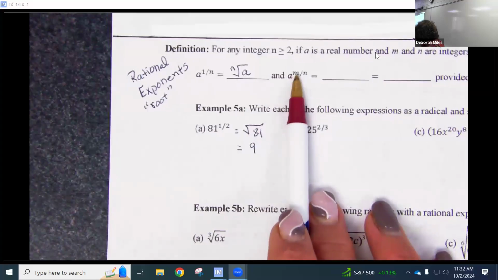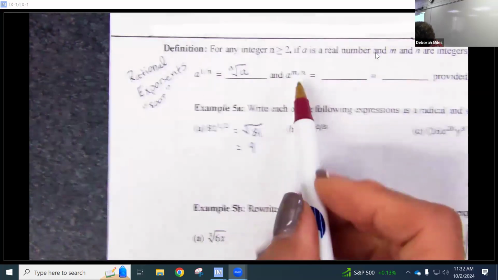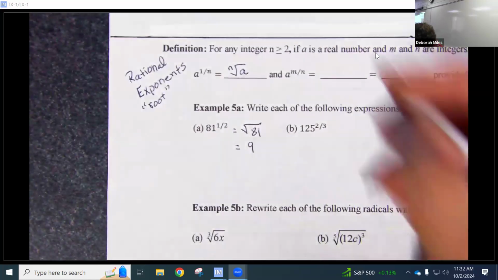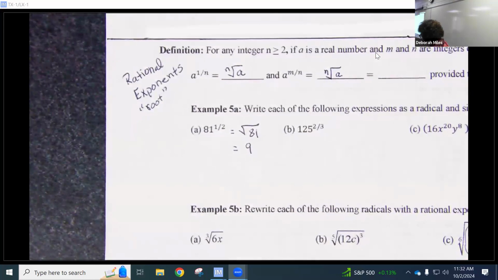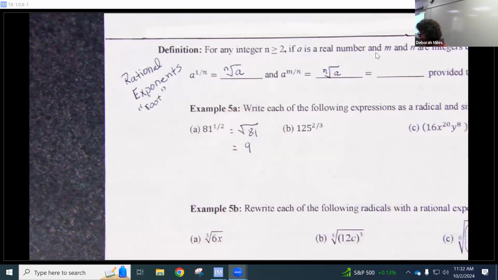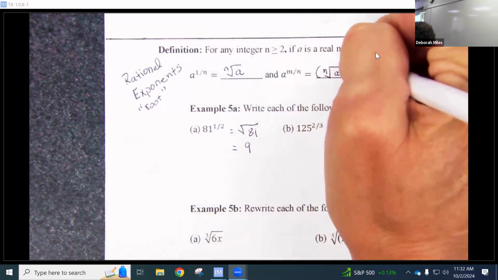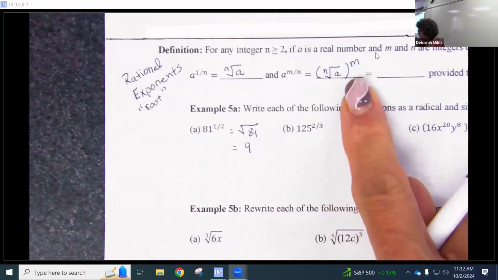Now, this second definition has the same denominator, and it still means the nth root, but that numerator's not 1, it's something else. So you take the nth root of a, just like before, and then you raise that to the power indicated by the numerator.